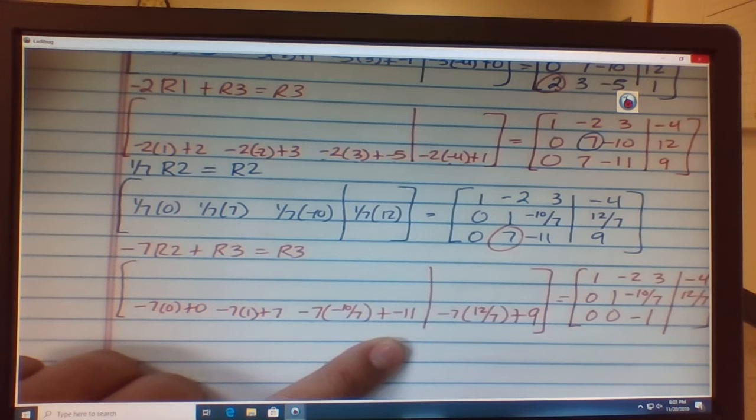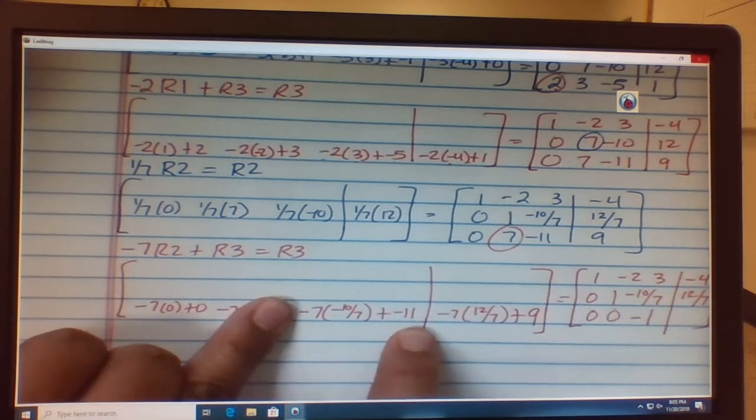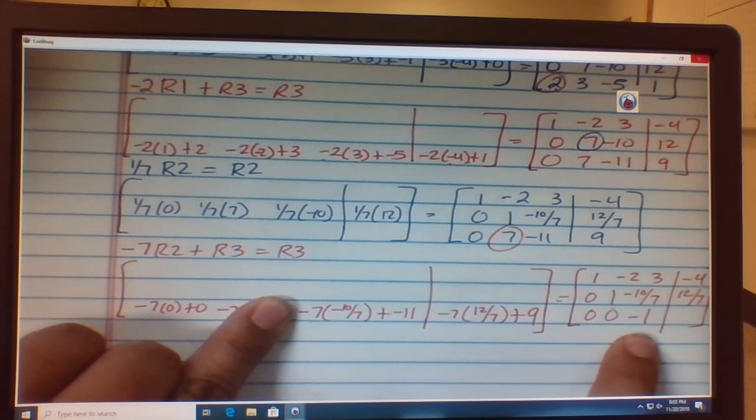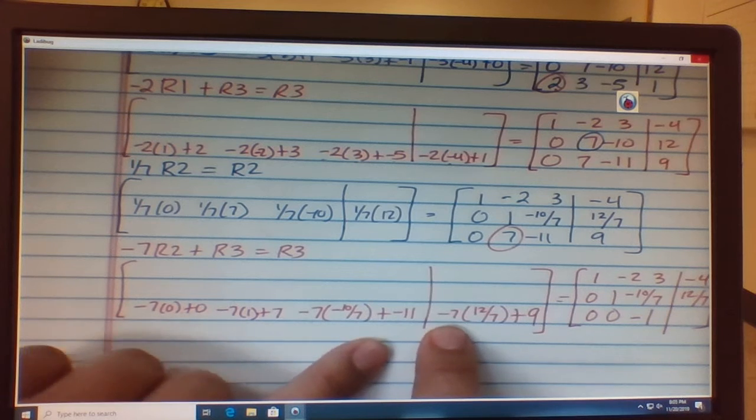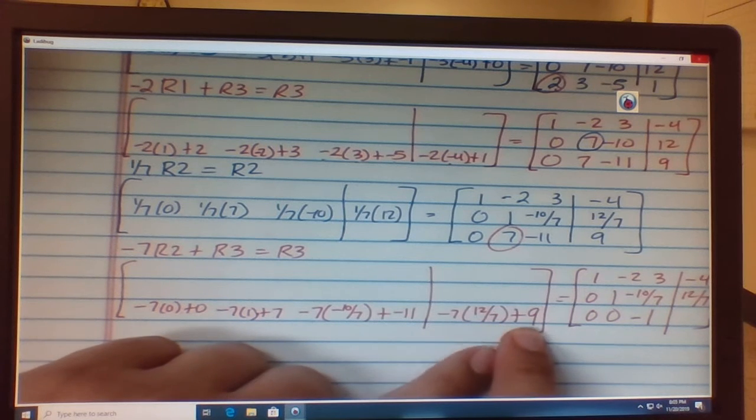And remember, if what I just said confused you, you just grab the calculator and type it in just the way you see it, and it's going to give you a -1. -7 times 12 is a -84. Divided by 7 is a -12. -12 plus 9 is a -3.